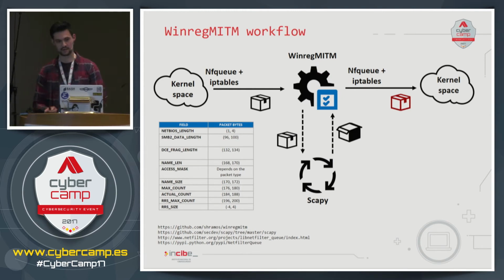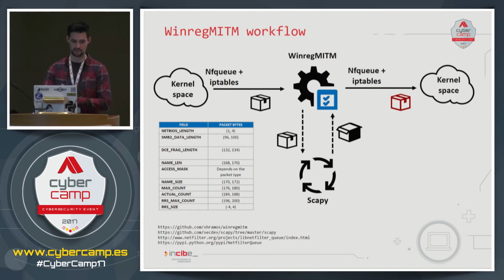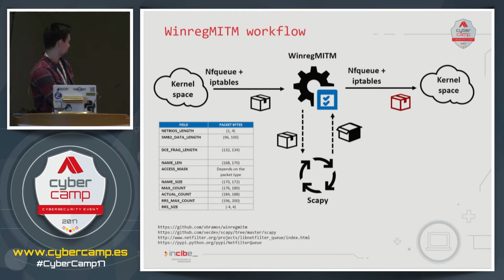So if we add a bigger field, we'd have to recalculate the length so that when it reaches the server, it's consistent in size, and a whole series of other fields, for example, DC frag length, name, size, access mask, the whole series of fields.